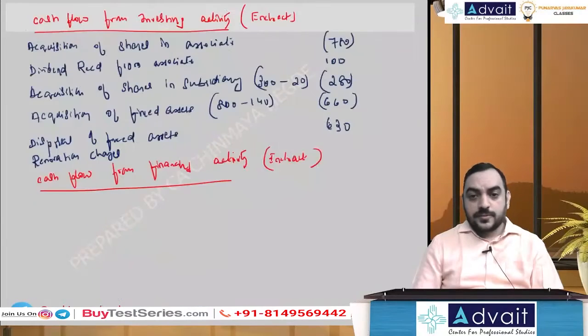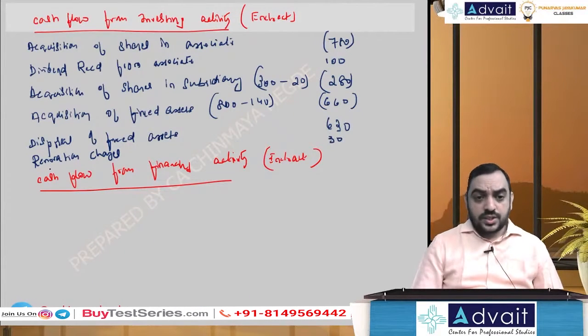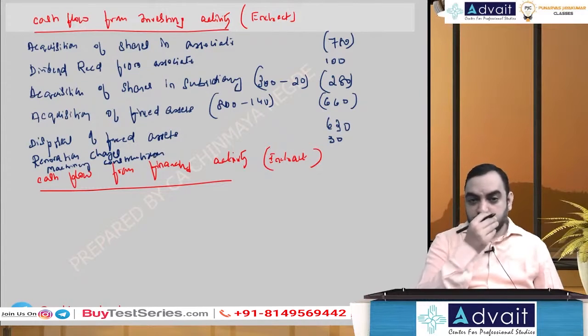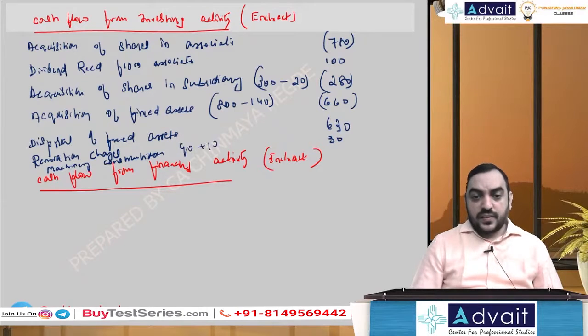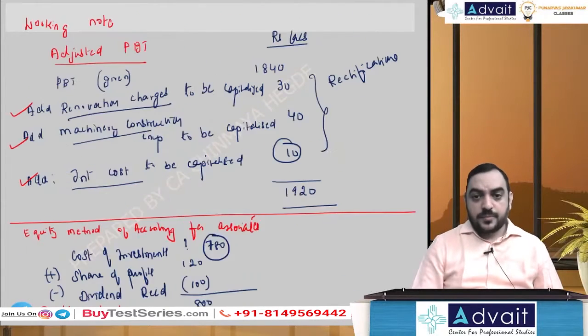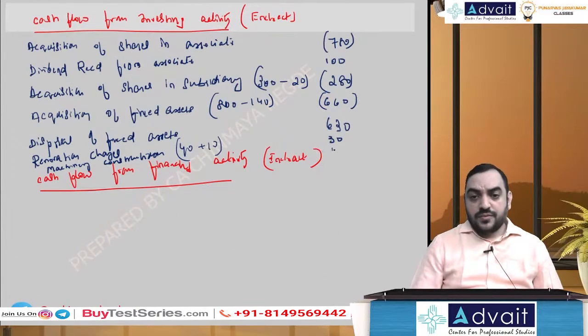Then machinery construction, I'm not sure whether you can see my handwriting, I don't have space. Machinery construction 40 plus 10 interest, you get 50. These are all outflows. Again, you subtract.